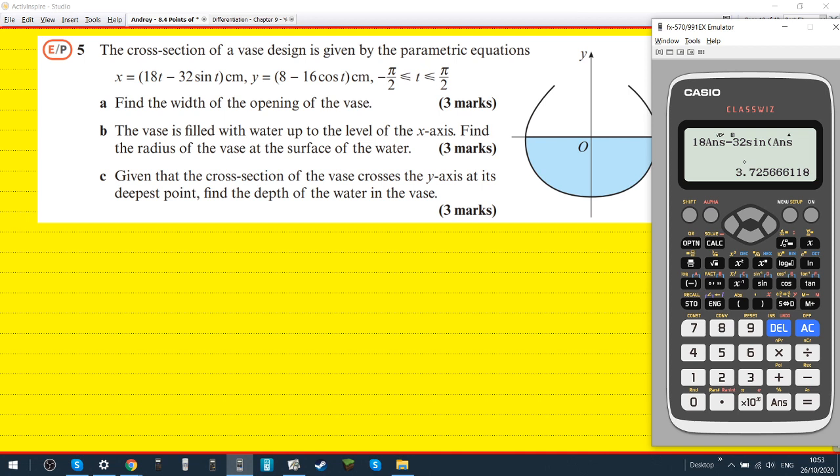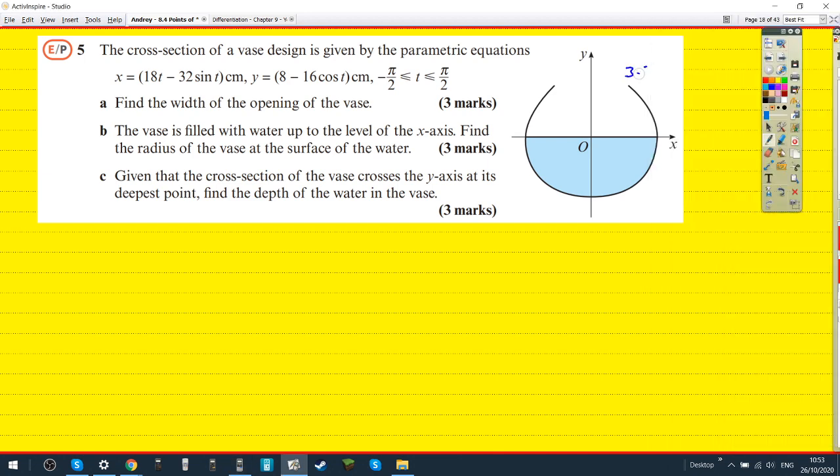Yeah, minus pi over 2. 3.7527. And so this one here, I believe, would be the negative version of that. Have a crack at it. What would be that width then?